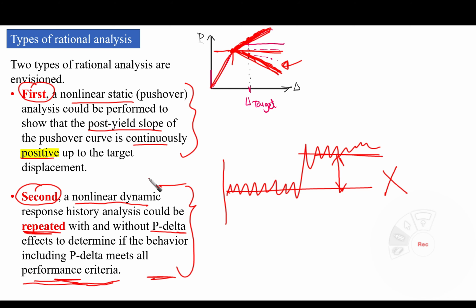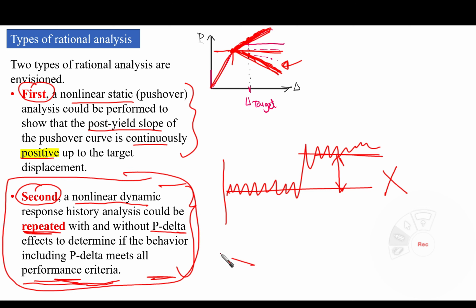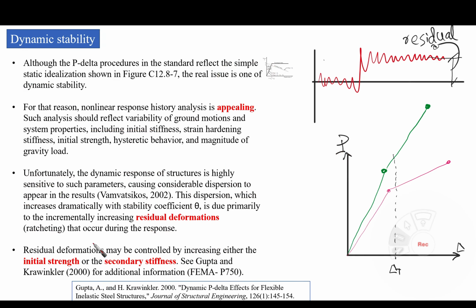Here, nonlinear dynamic analysis is like a total solution for us. If you use it, it's more accurate, and you compare the results before and after P-delta. If P-delta makes some significant changes, then you need to take it into consideration and redesign your structure. Actually, this part is related to the dynamic instability when using nonlinear time history analysis.